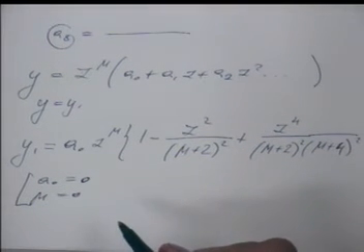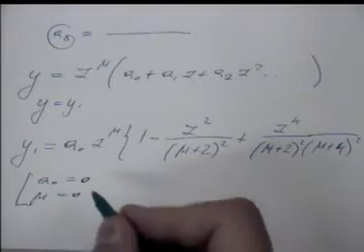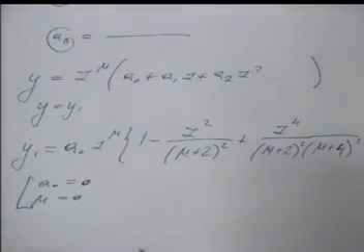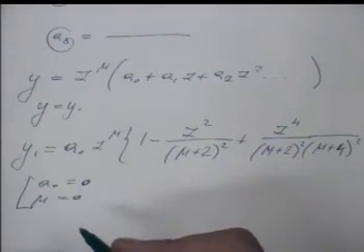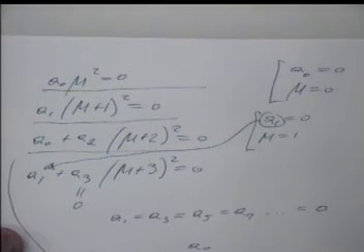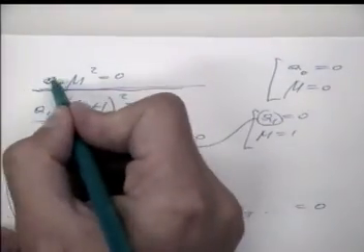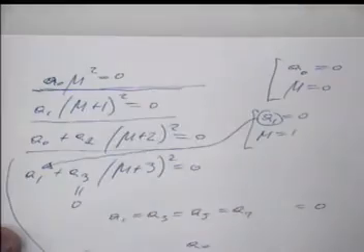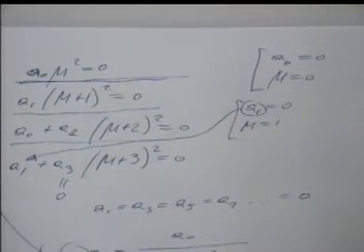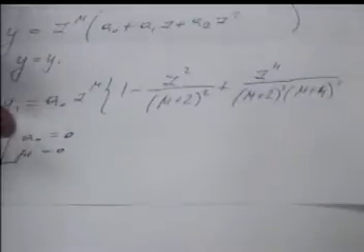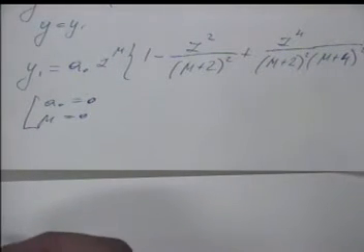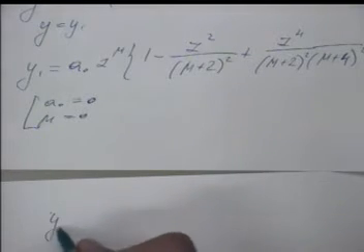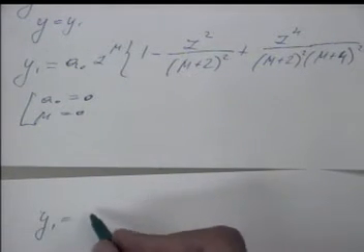So we suppose that mu equals 0. Then we have the following form for y1.